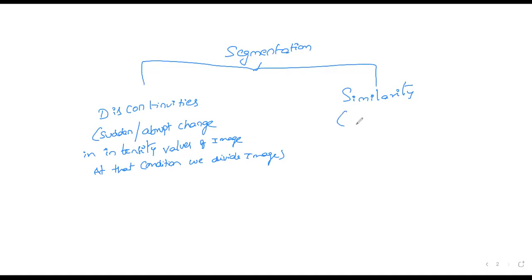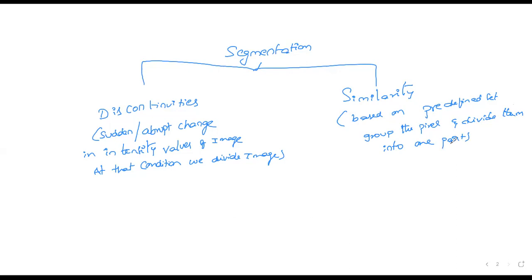Similarity means based on a predefined set, we group the pixels and divide them into one part. Okay, discontinuity based and similarity based.